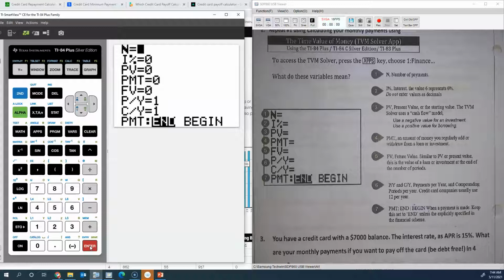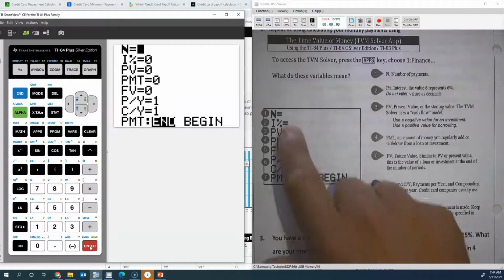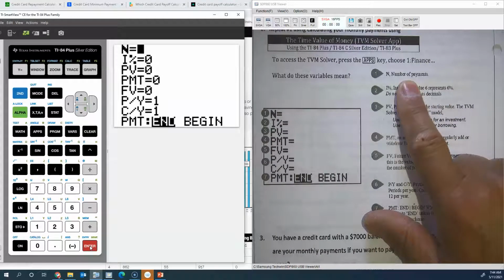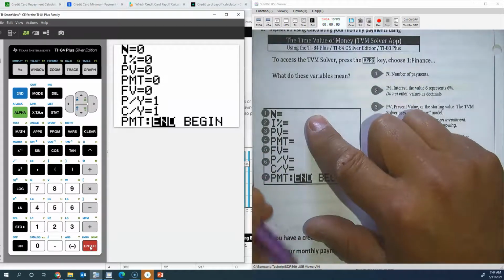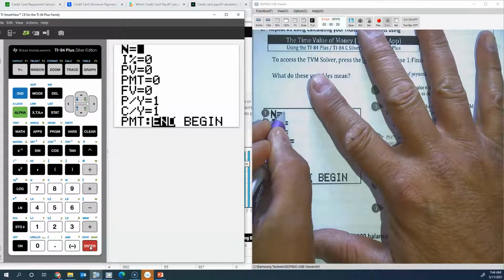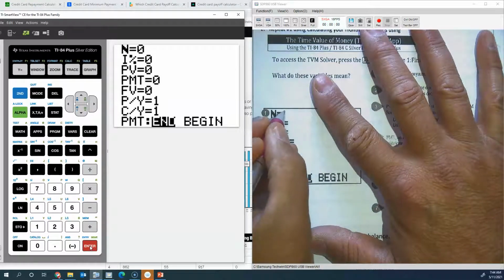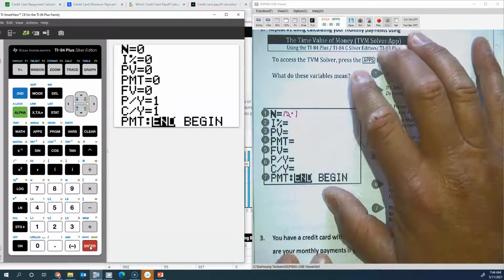All right. Now, you just have to know how to plug in these numbers. The first one is N. N is the number of payments that we're making. On this one, we're making 12 payments for 1 year.